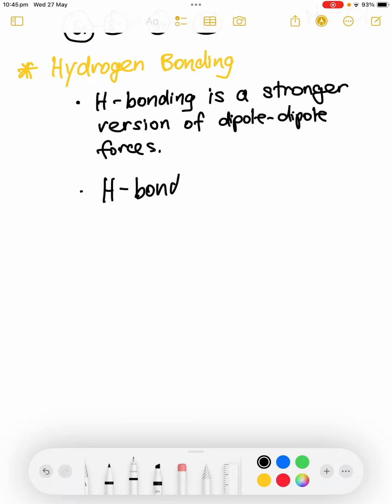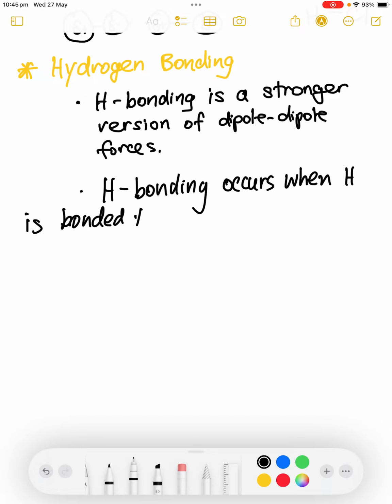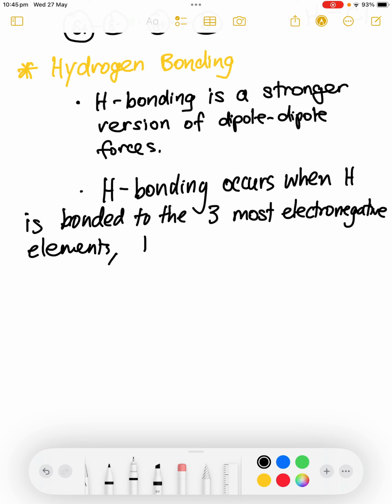H bonding occurs when hydrogen is bonded to the three most electronegative elements. Those being fluorine, fluorine's the most electronegative, oxygen, and nitrogen. All right, that is how hydrogen bonding is formed.